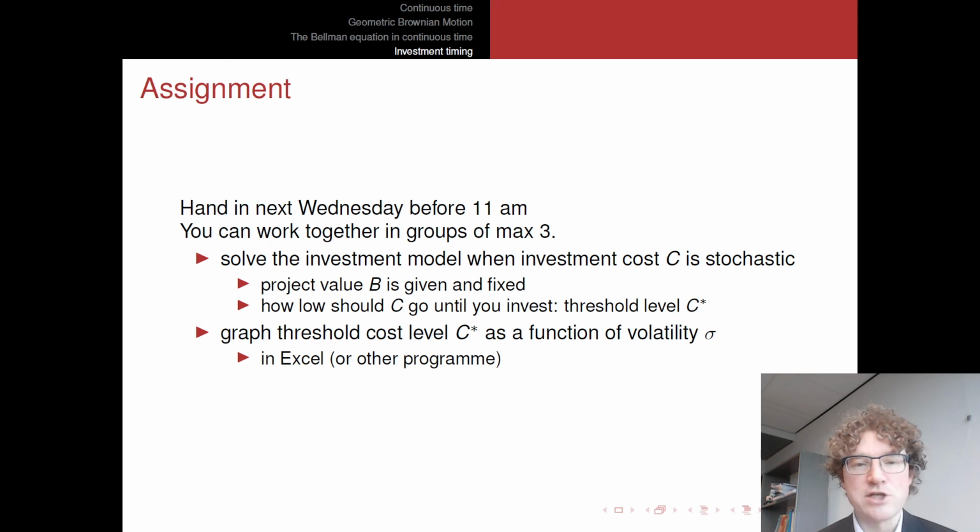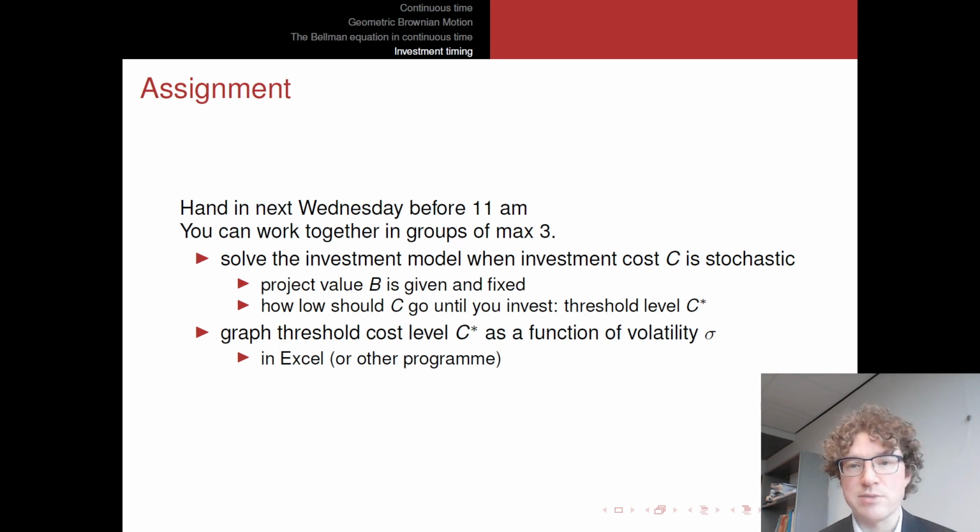What I'm going to ask you is to do this analysis for a slight variation of the model that we looked at here. I'm going to ask you to solve an investment model where it's not the revenues or the price or the profits which are stochastic, but the costs, C, and the value that you get when you invest, B, is given. The question is, how low should the cost go before you make the investment?